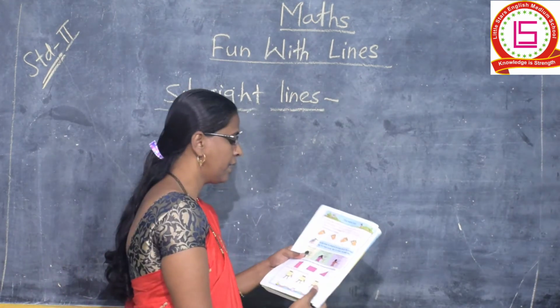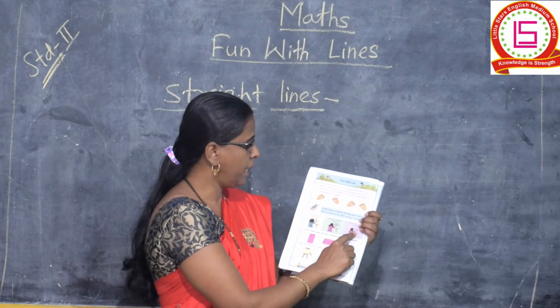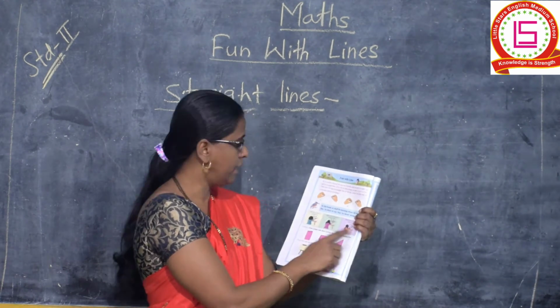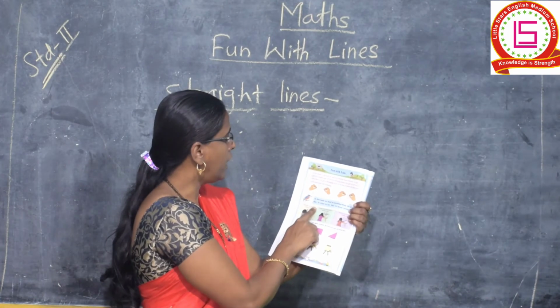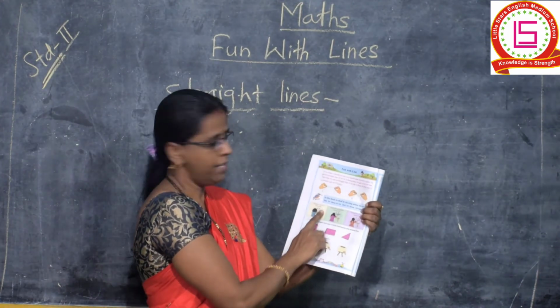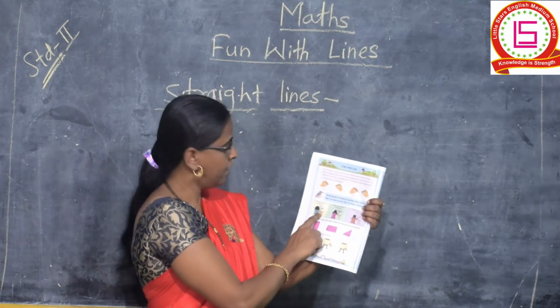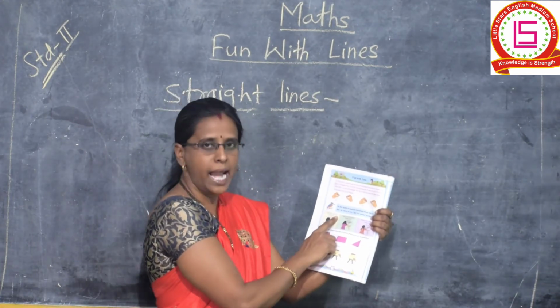Then see in your textbook. Three pictures are given here. In the first picture, Neha drew vertical or standing lines.